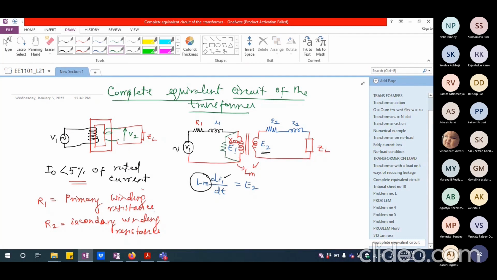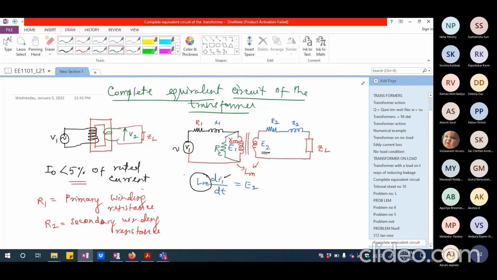I will not be able to measure it. I cannot put a multimeter or something and measure the resistance of the core and say that is what is the core loss resistance. Not at all. This is essentially representing the losses that are incurred inside the core. Okay. So let me call this RC, which is the core loss component of resistance, which is a fictitious resistance.